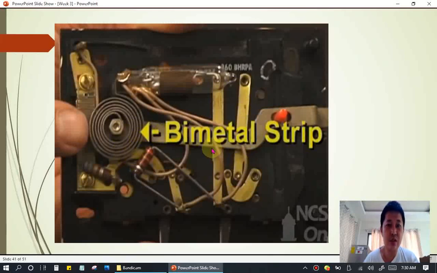So when this probe, this sensor here, the mechanism here, the sensor is connected to the wire going to the sensor probe in the room.